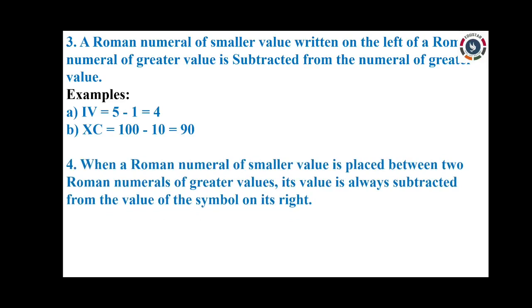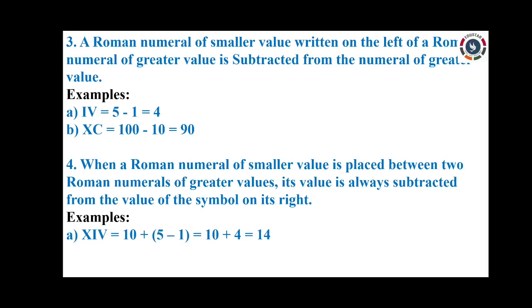Rule number 4. Roman numeral smaller value comes between two Roman numerals of greater values. This smaller value always subtracts from the right side greater value. Examples: A sum, XIV.